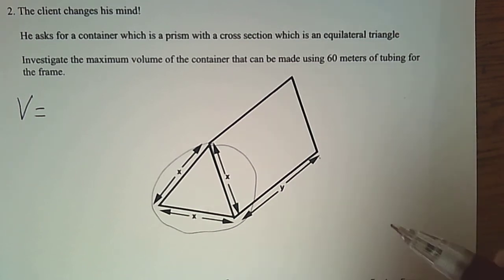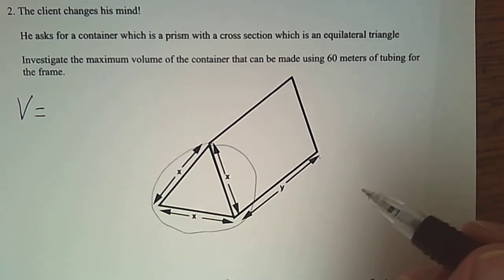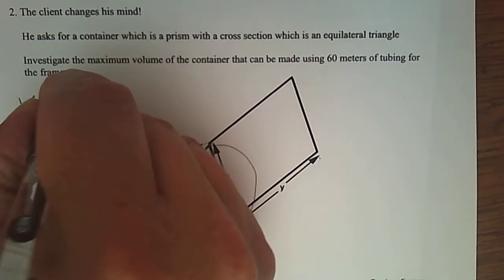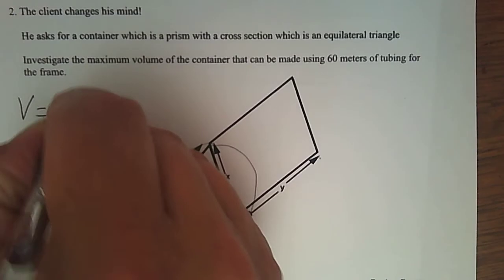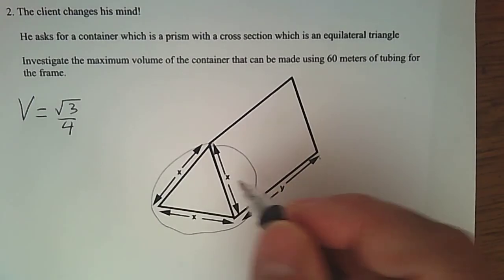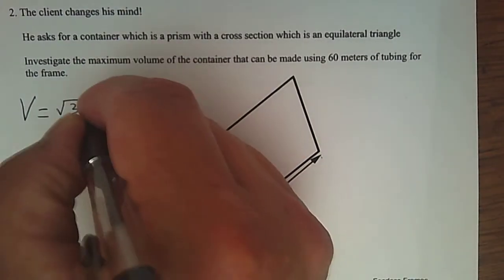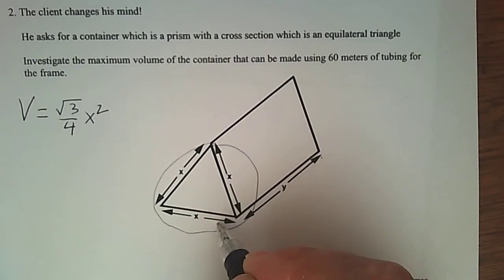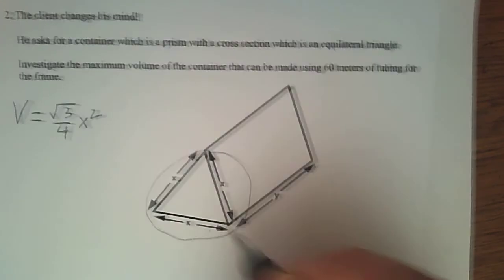Now, there is a formula for an equilateral triangle. And the formula for an equilateral triangle is root 3 over 4, and then you take one of the sides and you square it. So each side is the same length. So root 3 over 4 x squared, that's the formula for an equilateral triangle.